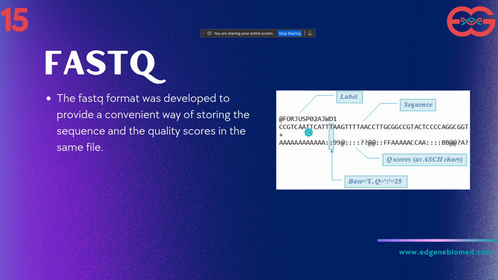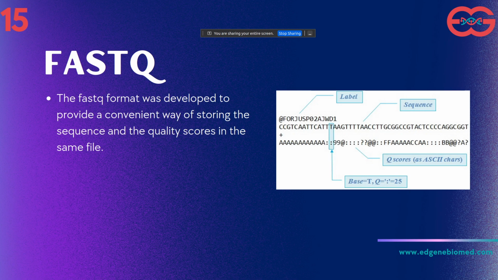Now, why is the third line important? Because the fourth line tells us the quality. Right now we are very much interested in the sequencing data, it's our most important thing, right? But we also want to have confidence in how the machine is calculating it, like how well it has captured the information at that particular position, how accurate that call was.